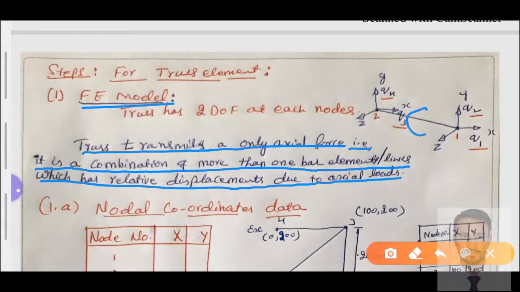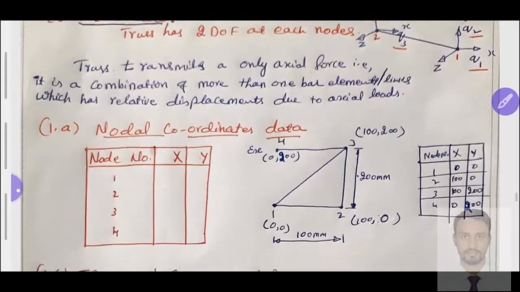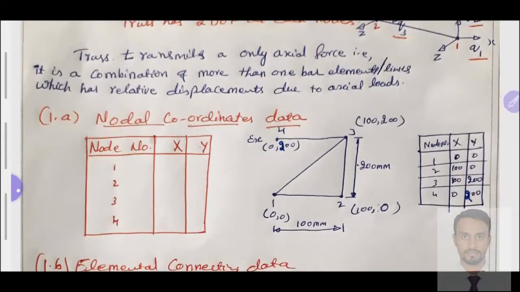I have considered a truss element with two nodes, node number 1 and 2. Each node has 2 degrees of freedom along the x-axis: q1 is the displacement at node number 1, q2 is the displacement at node number 1, and q3 and q4 are the displacements at node number 2. We have chosen 2 degrees of freedom at each node as per your curriculum, but we can also solve with 3 degrees of freedom in a truss element.